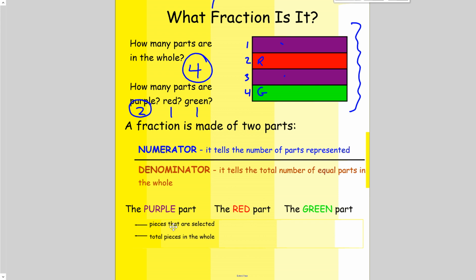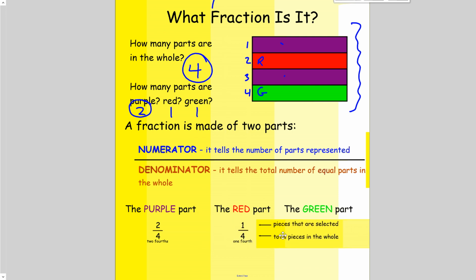So the fraction for the purple would be 2/4. Now the red part, there's only 1 red section, and there's 4 total, so its fraction would be 1/4. And then there's the green part, where there's 1 section out of 4, so it would also be 1/4.